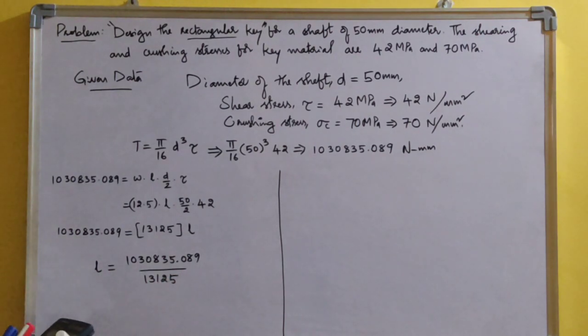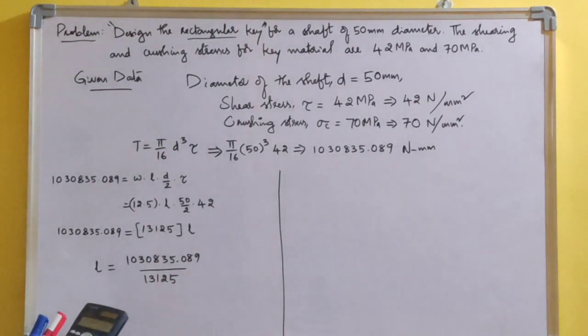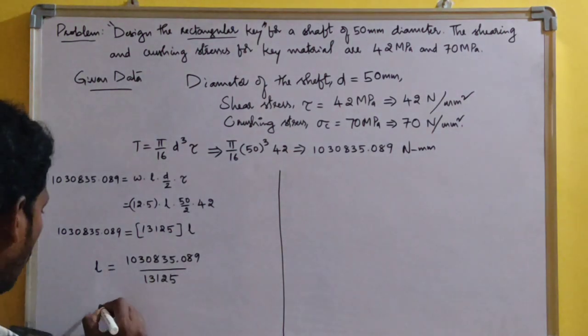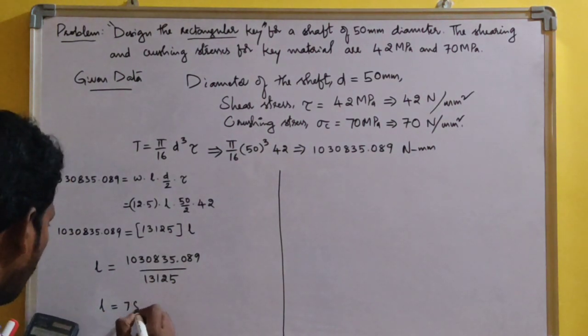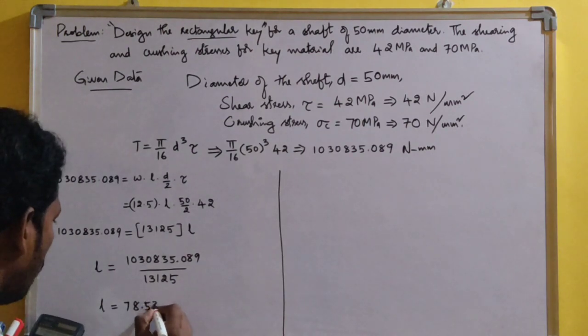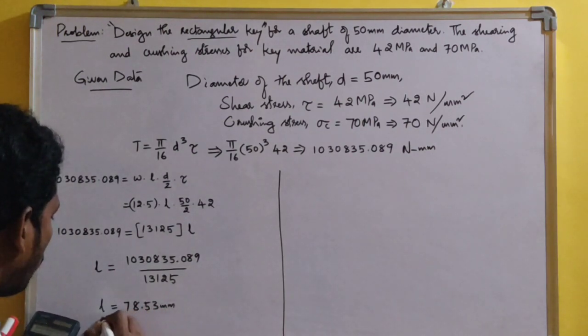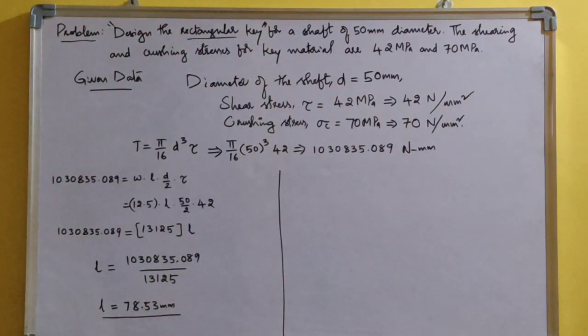Let us find this value. So the length of the key is 78.53 mm according to the shear criteria.